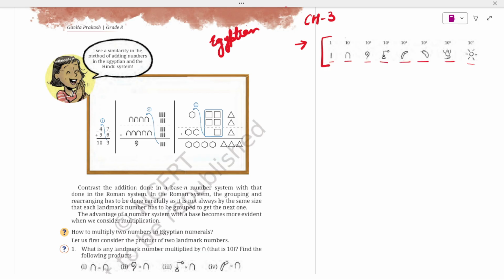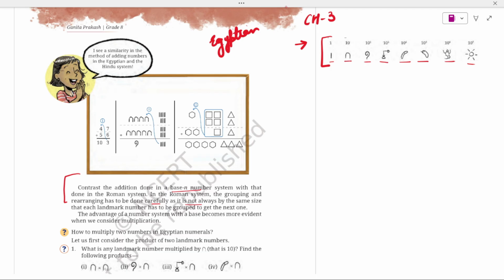Here is some contrast: the addition done in base number systems compared with that done in the Roman system. In the Roman system, the grouping and rearranging has to be done carefully, and it will not always be of the same size, so each landmark number has to be grouped to get the next one.